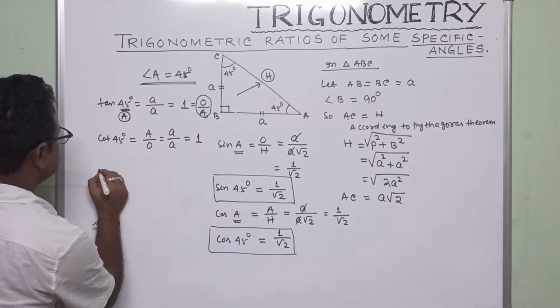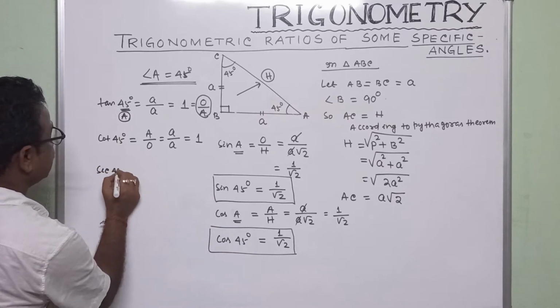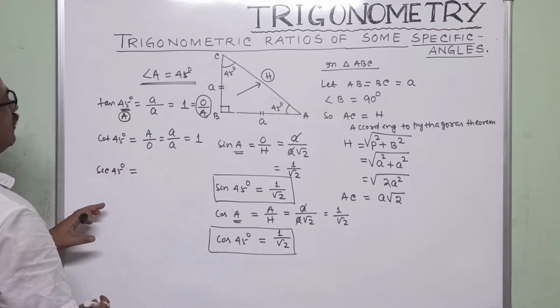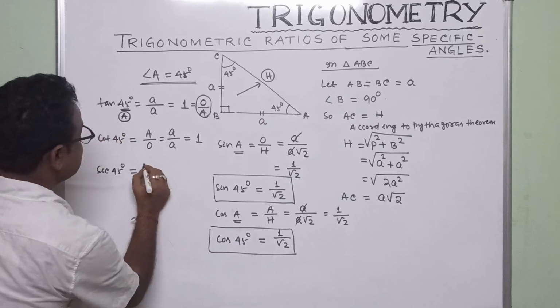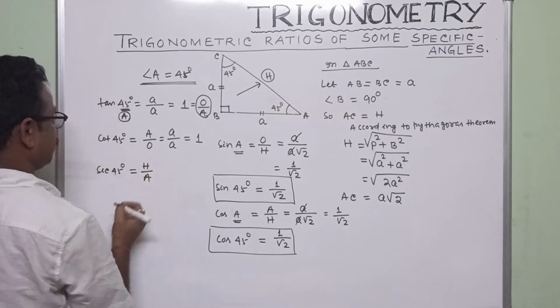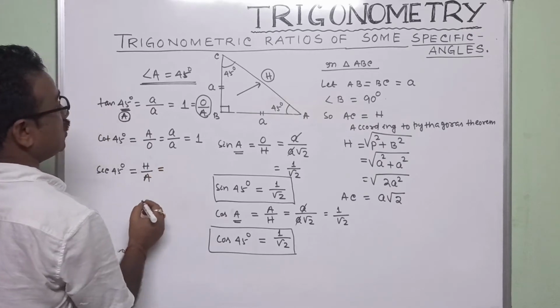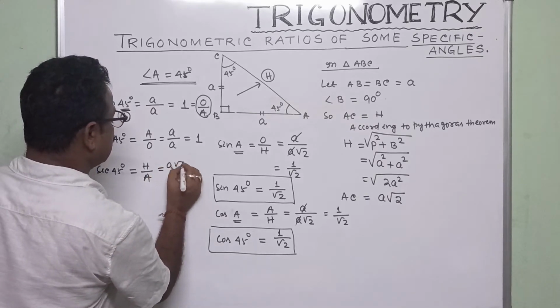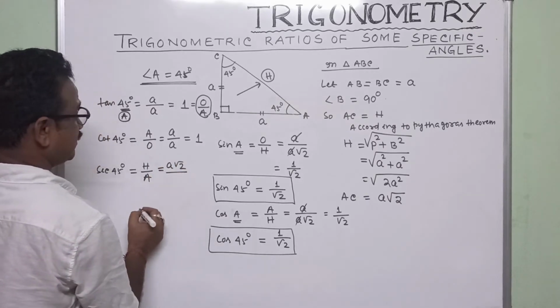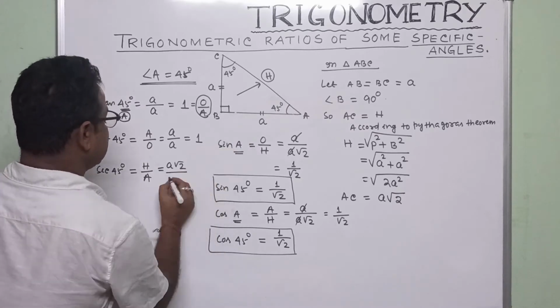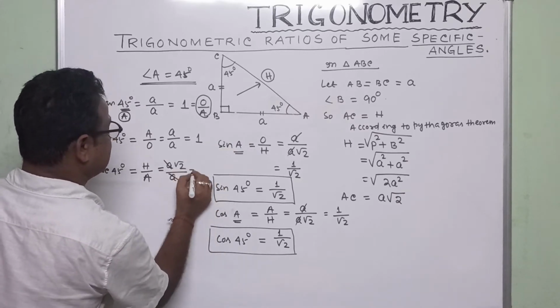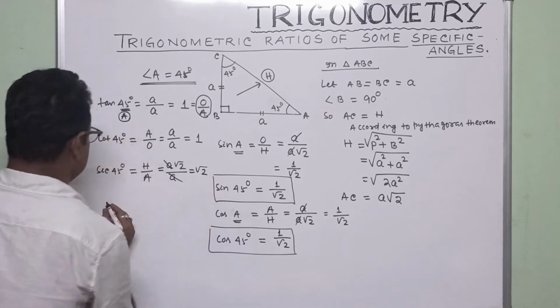Now see sec 45. This is H by A. H is A root 2, and A is the adjacent side. A cancels, equal to root 2.